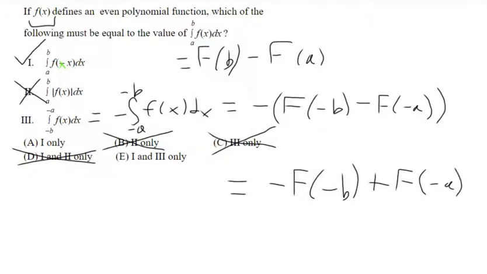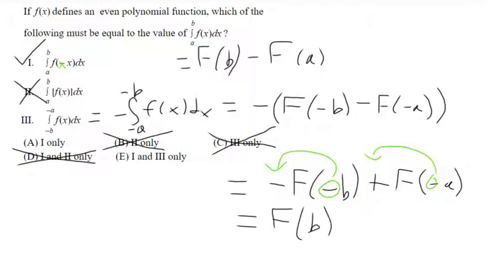Well, if little f is even, if you take the antiderivative of an even function, you're going to get an odd function. So our conclusion is that capital F is an odd function. So I can take these negatives and bring them on the outside. So when I have negative, it's going to become a positive capital F of positive b.